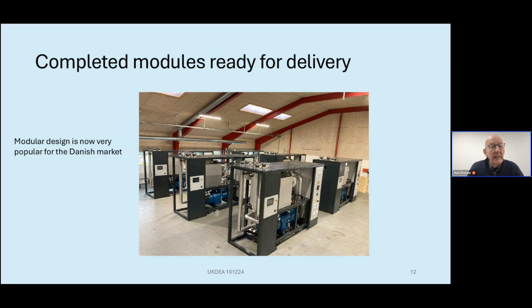That's what they look like. Although they're designed for the UK market, they've also now been very popular in Denmark. The factory is fully occupied now for the next few months, making orders for both UK and Danish contracts.